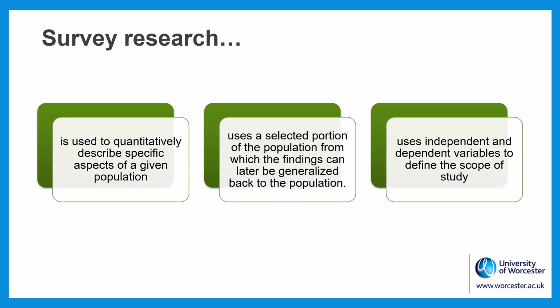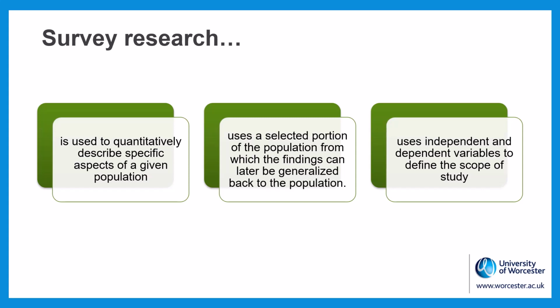In survey research, independent and dependent variables are used to define the scope of study, but cannot be explicitly controlled by the researcher. Before conducting the survey, the researcher must predicate a model that identifies the expected relationships among the variables.